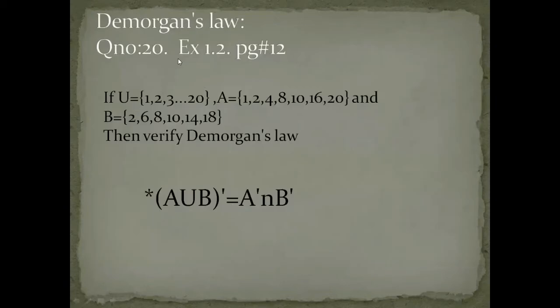Now, one of the students requested me to solve this question. De Morgan's law, question number 20, exercise 1.2, page number 12. The universal set contains elements 1, 2, 3 up to 20, A is equal to {1, 2, 4, 8, 10, 16, 20}, and B is equal to {2, 6, 8, 10, 14, 18}.